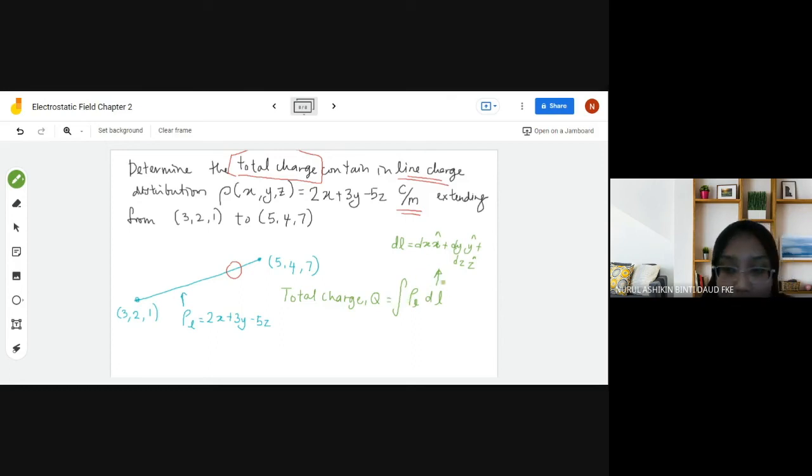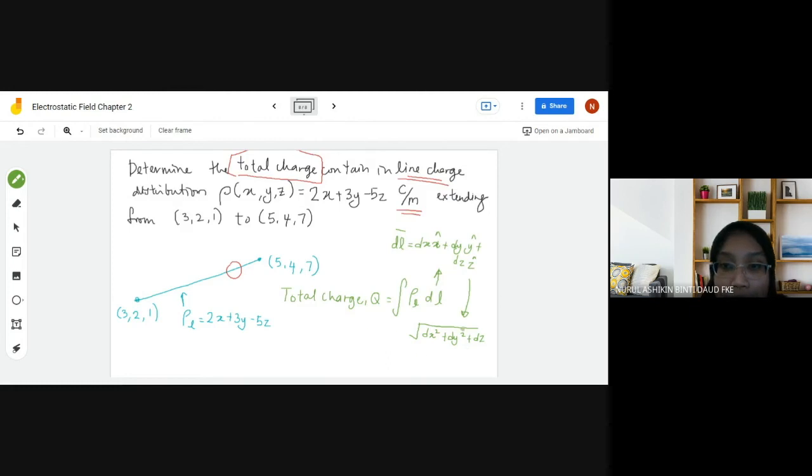And since this is in vector form, but in this case the total charge is a magnitude, we need to convert this from vector form to magnitude form. So it will be the square root of dx squared plus dy squared plus dz squared.